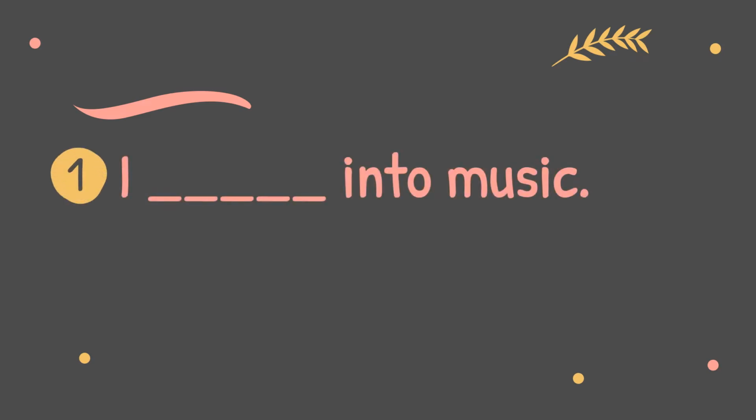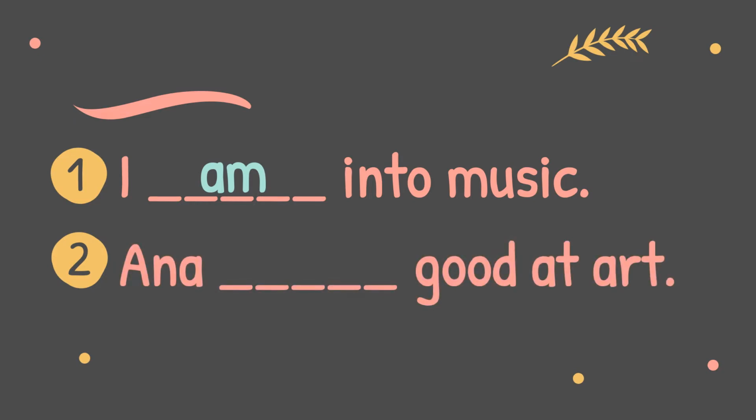Okay, now look at this sentence. Number 1. I into music. Do you know what's the answer? Yes, the answer is am. I am into music. Now look at number 2. Anna, good at art.